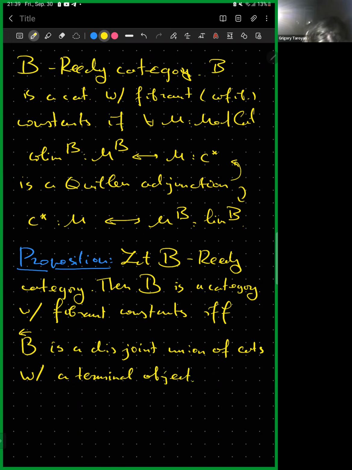And for cofibrant constants we require that the increasing subcategory is a disjoint union of categories with an initial object.